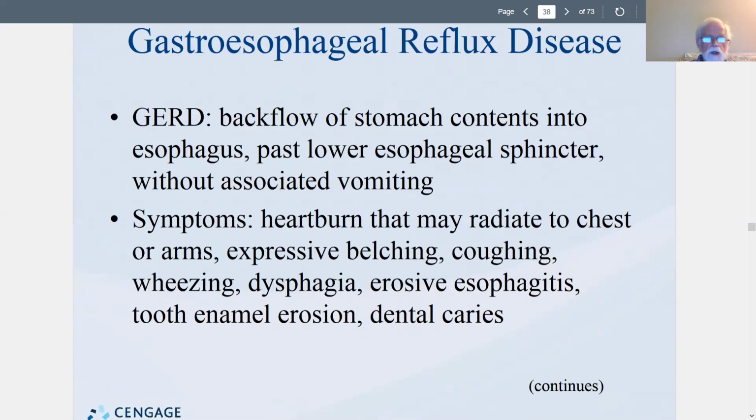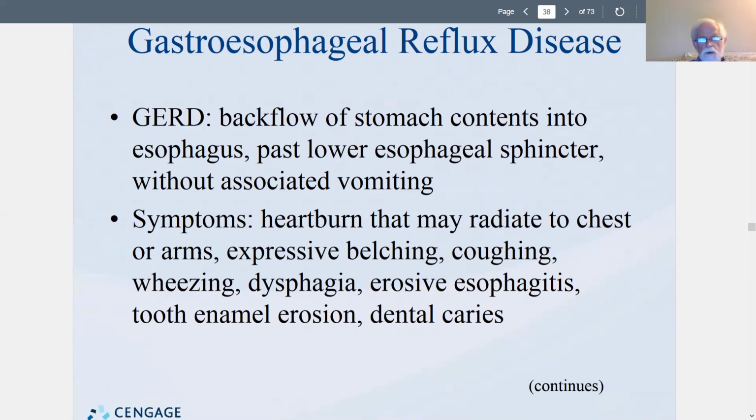GERD occurs when we get stomach contents backflowing into the esophagus, past that sphincter at the end of the esophagus and at the top of the stomach, without vomiting. So the symptoms are heartburn, belching, coughing, all sorts of other things.